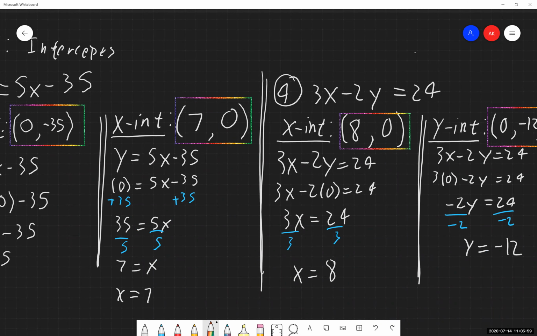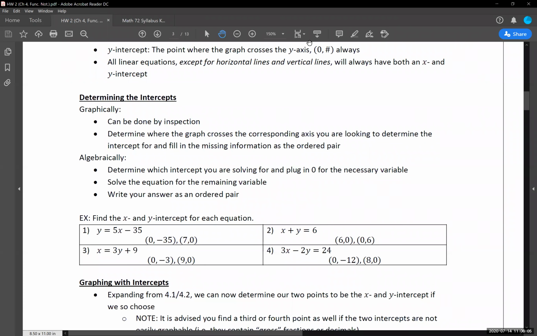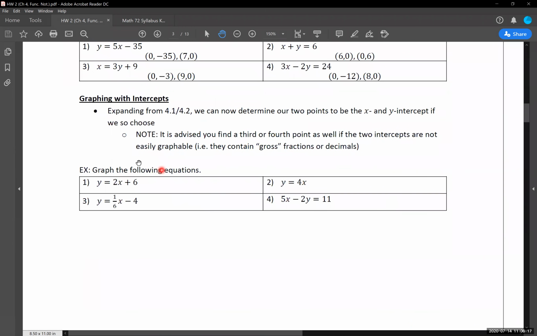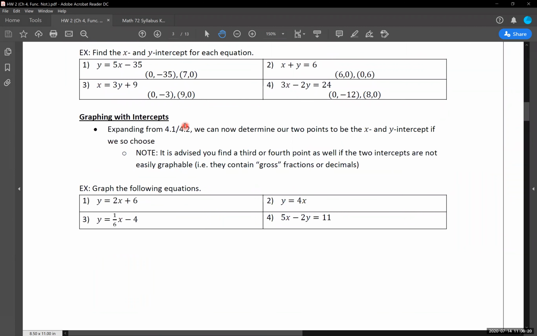So we'll jump back over to our notes. We have a couple other examples if you want to go through those on your own. But again, we're doing the exact same thing that we just did with examples 4 and 1. Now, moving on, we're working with graphing with these intercepts.